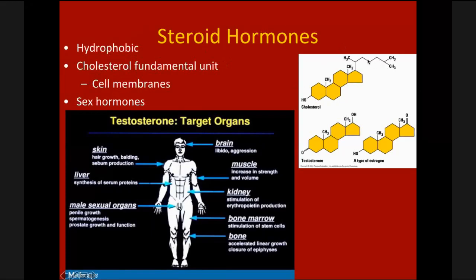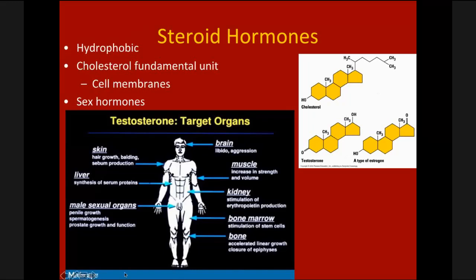So if we check out this cholesterol molecule illustration at the top here, and when you look at testosterone and estrogen, can you pick out what's different between cholesterol and these two hormones?